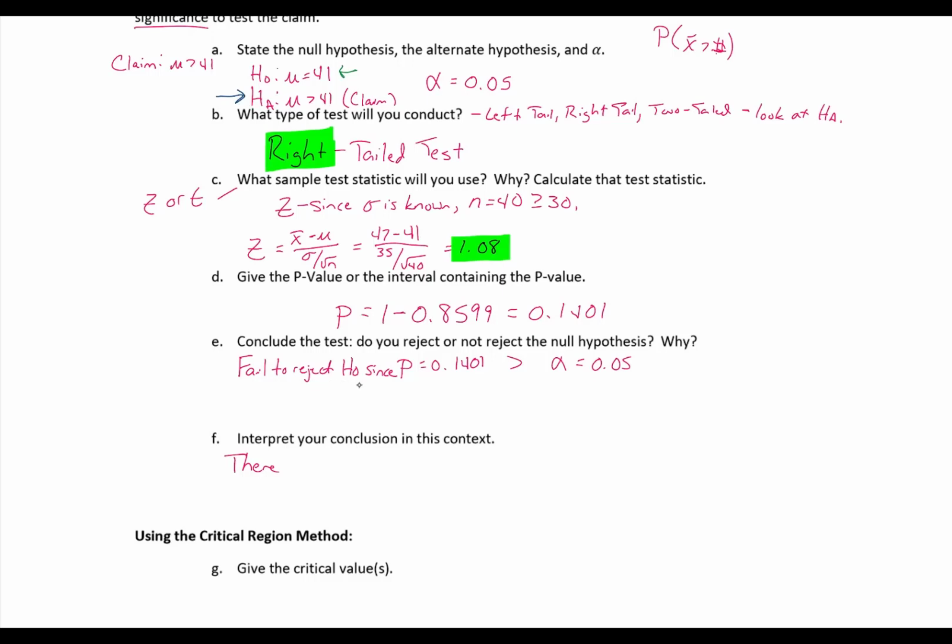We said we're failing to reject the null, which means we can't support that alternative hypothesis. So there is not enough evidence to support the claim that... what were we claiming? Our claim was our alternative hypothesis.